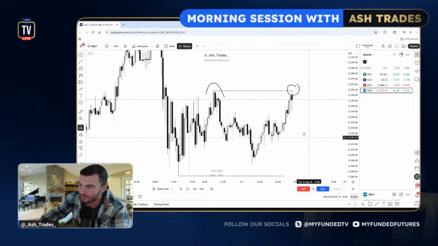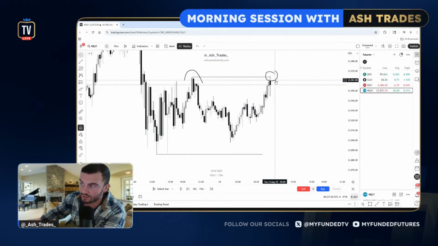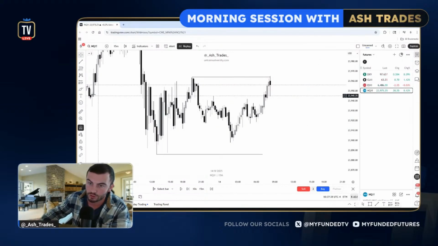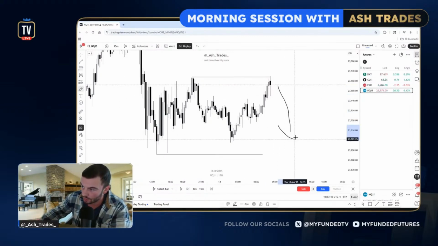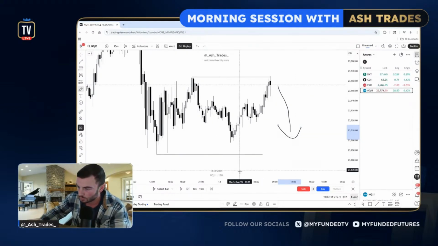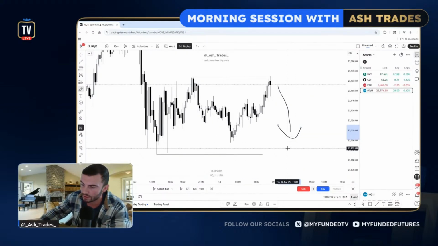So now you have a confirmation to the idea, and the idea is a consolidation profile. So at this very moment in time, seeing that bearish SMT, you can suggest that we're going to go back to equilibrium of the range. Well, it happened right there at the news release.